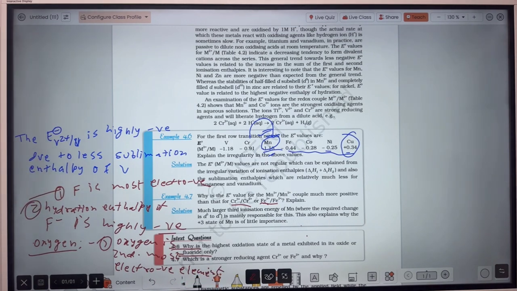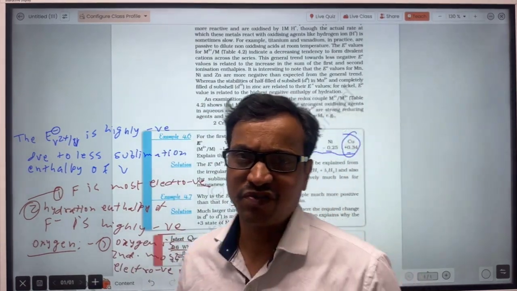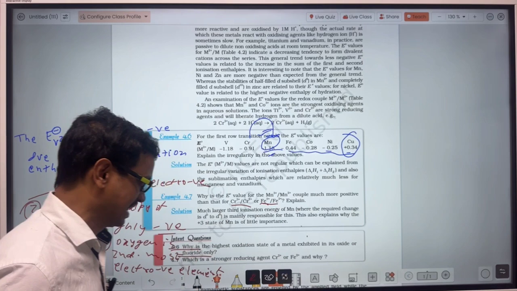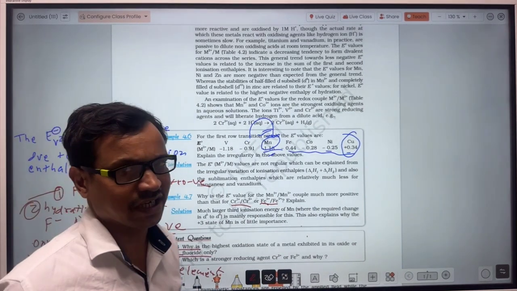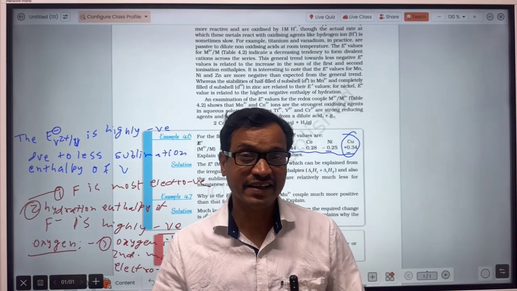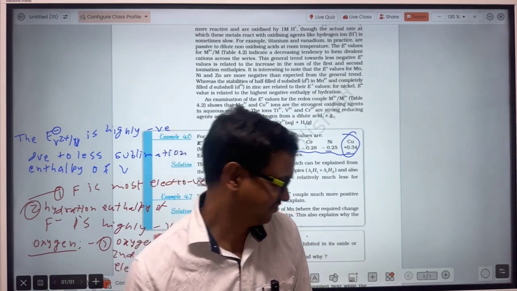Oxygen is the second most electronegative element. In addition to that, oxygen forms double bonds with transition metals. So oxygen also shows greater oxidation states. That means when oxygen combines with transition metals, the transition metals show higher oxidation states.